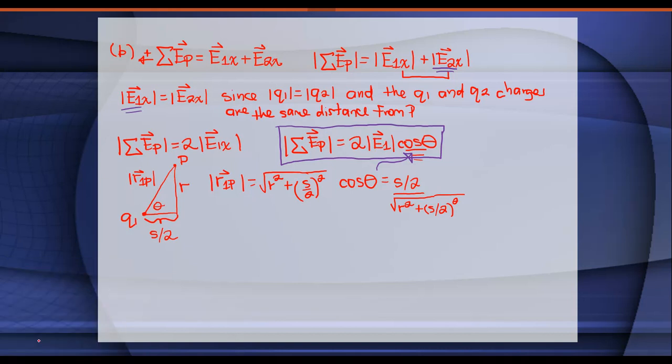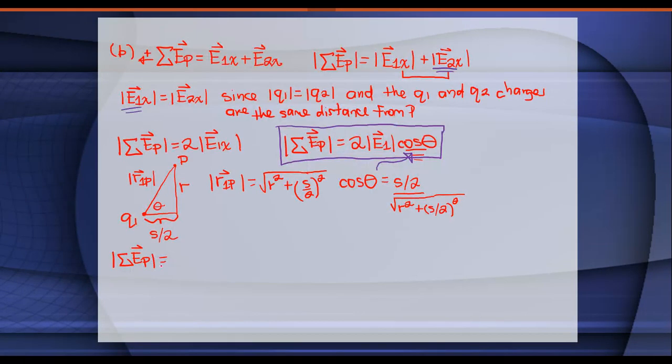So the net electric field at point P would be equal to 2 multiplied by E1, which would be K times Q1 over the distance from 1 to P, all squared. That's what E1 would expand to.